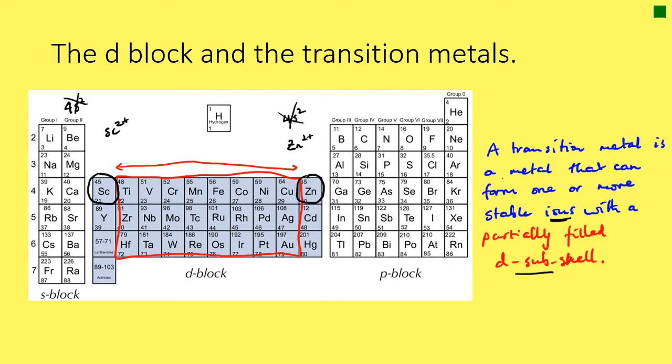So with zinc, the D subshell is full, and with scandium, the D subshell is empty, and therefore they don't have partially filled D subshells like the elements titanium to copper do, and so titanium to copper are the transition elements.